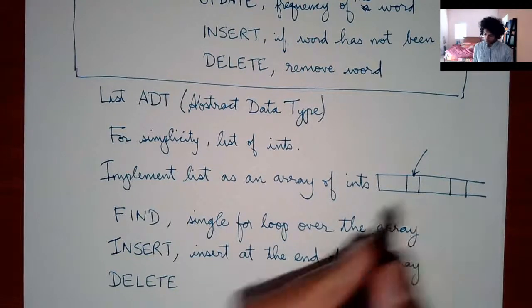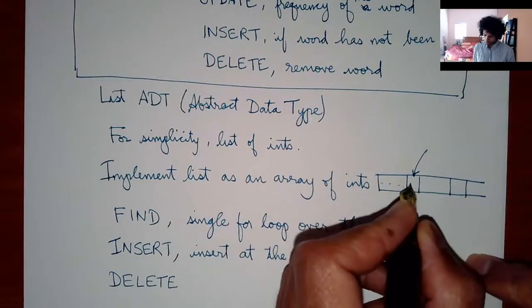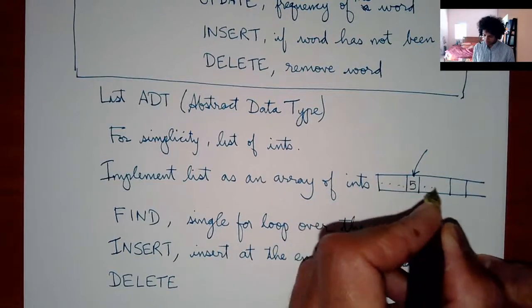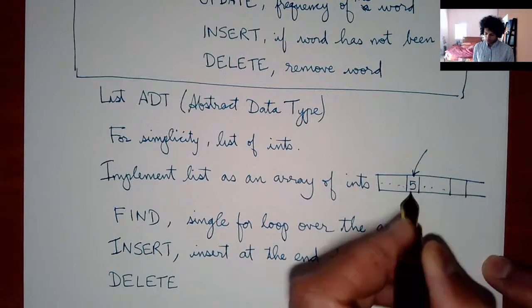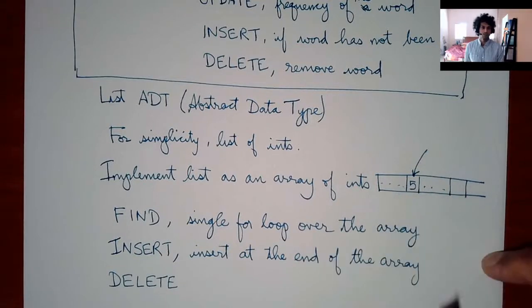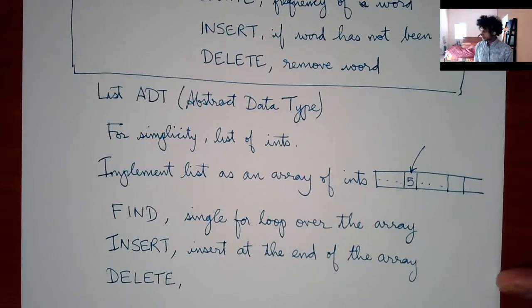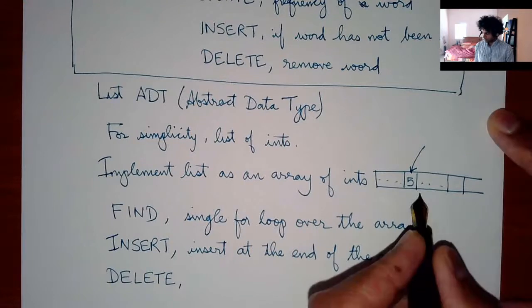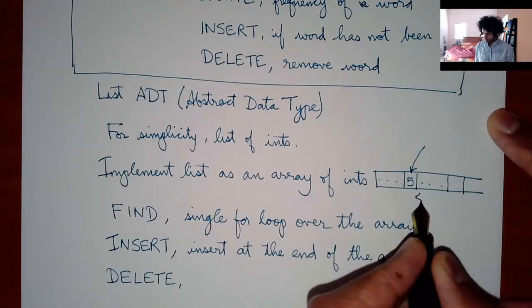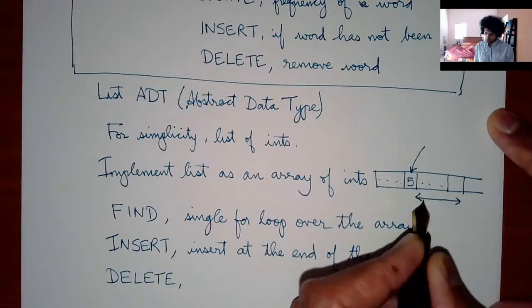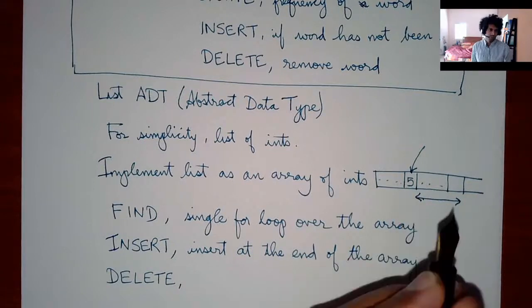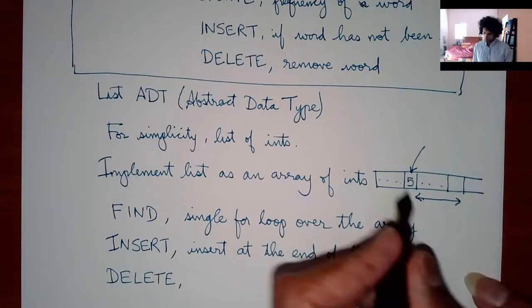There are a bunch of numbers here, and that has 5, a bunch of numbers here. And so if you have to delete 5, how would you delete in an array? You have to move all the numbers after it forward one. Exactly. So you have all these numbers, and you could just move it back by 1. You would just overwrite 5.